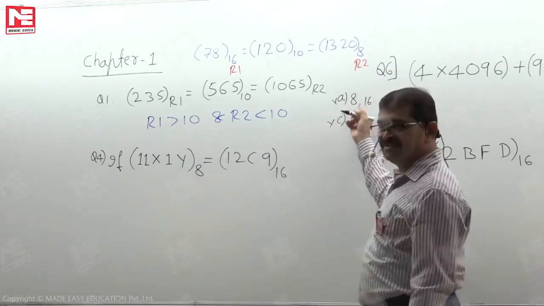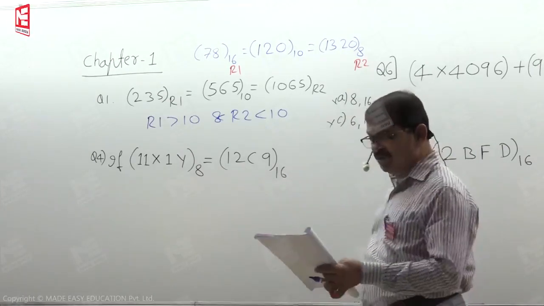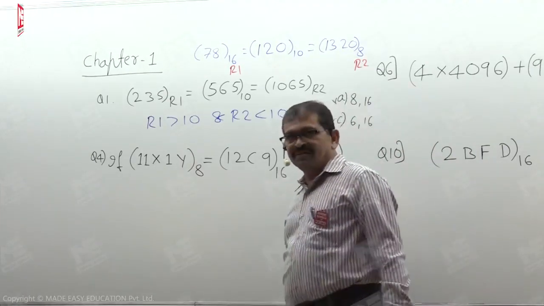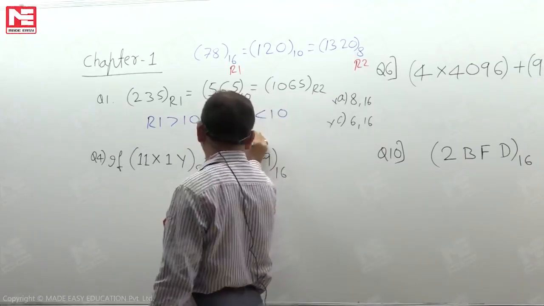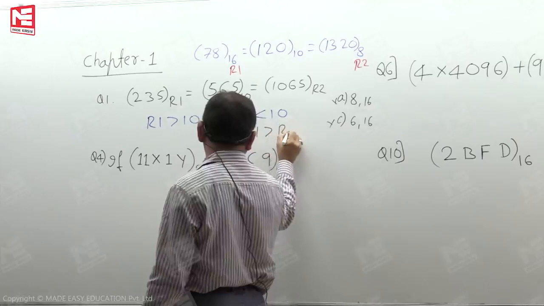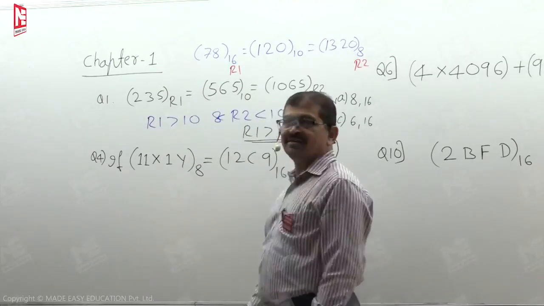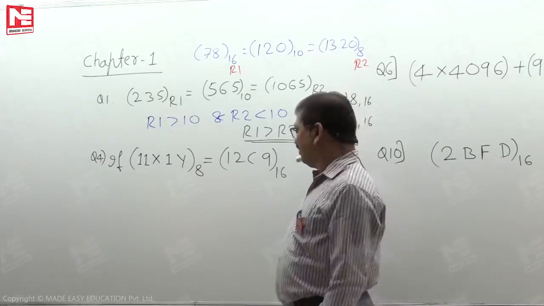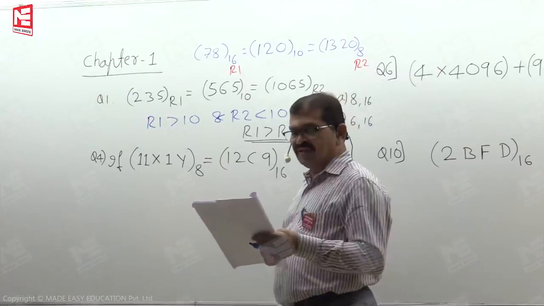So options A and C are not possible. With this we also conclude R1 must be greater than R2. For the remaining two options, R1 is indeed greater than R2.